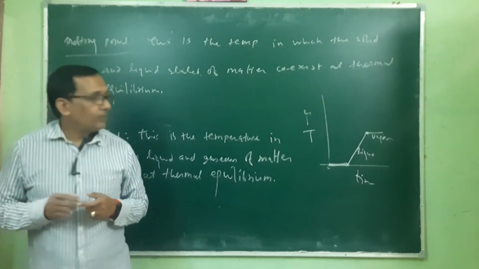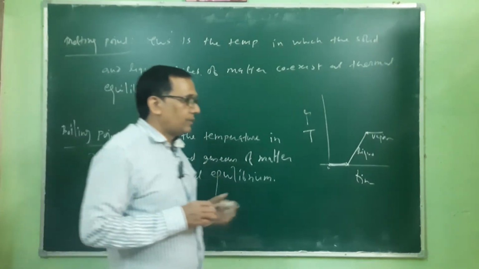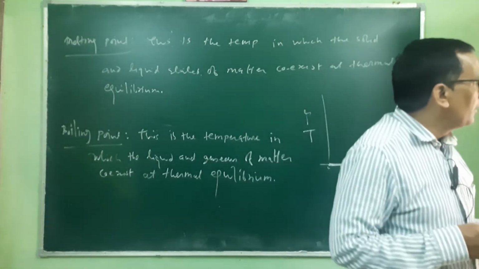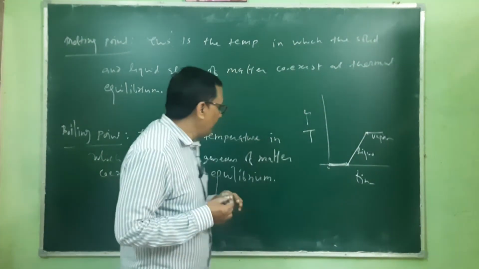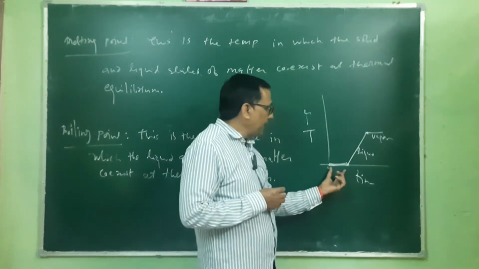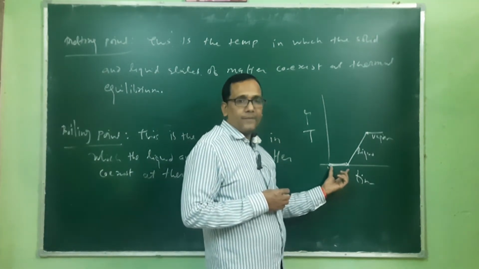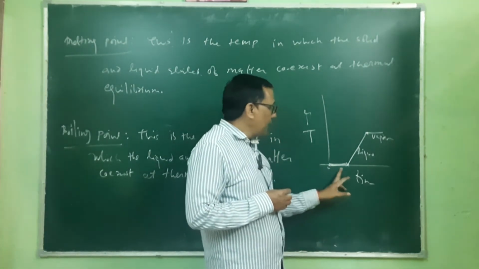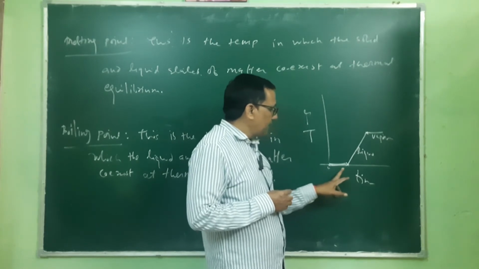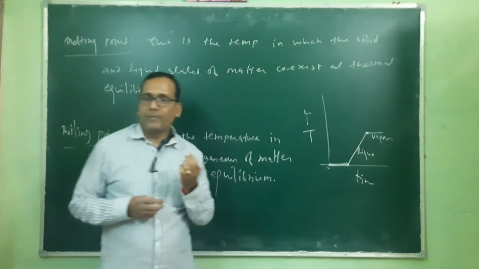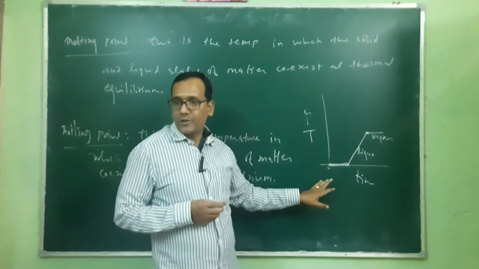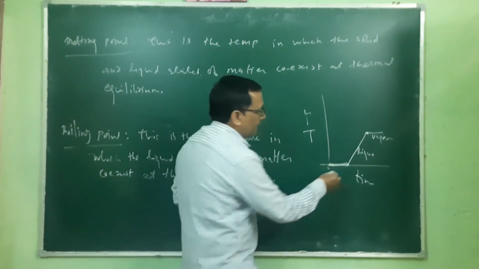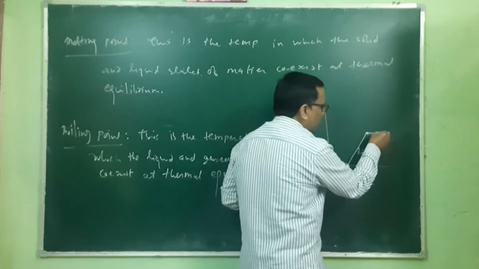And one more thermal term is defined here. What we are observing is that we are providing heat energy, and still the material stays in the equilibrium state and the temperature is constant.